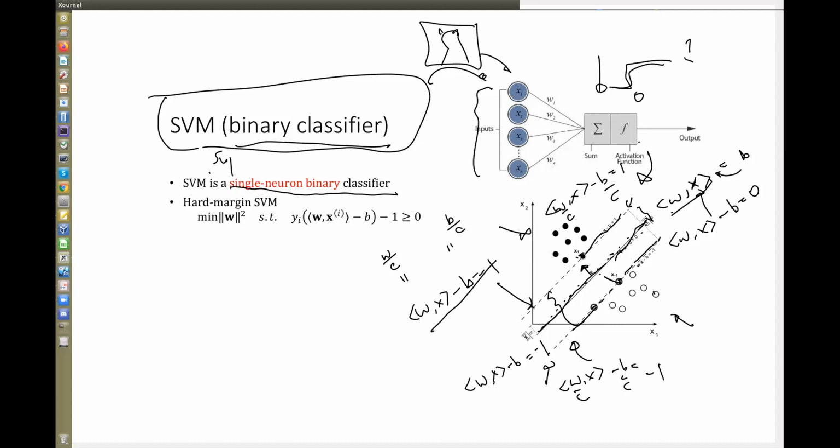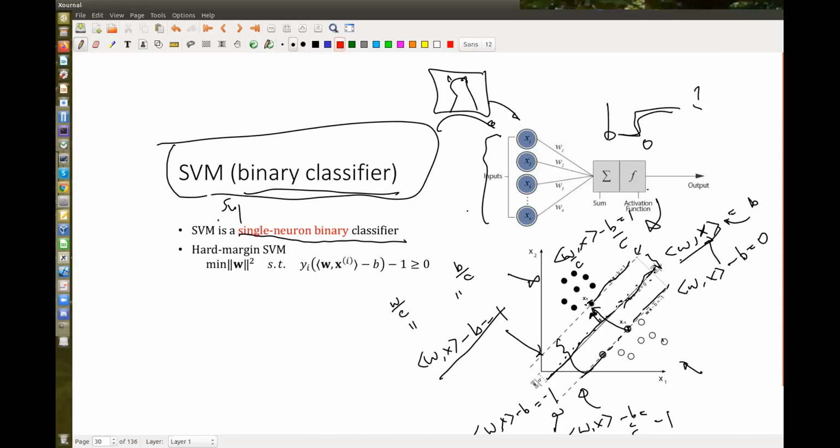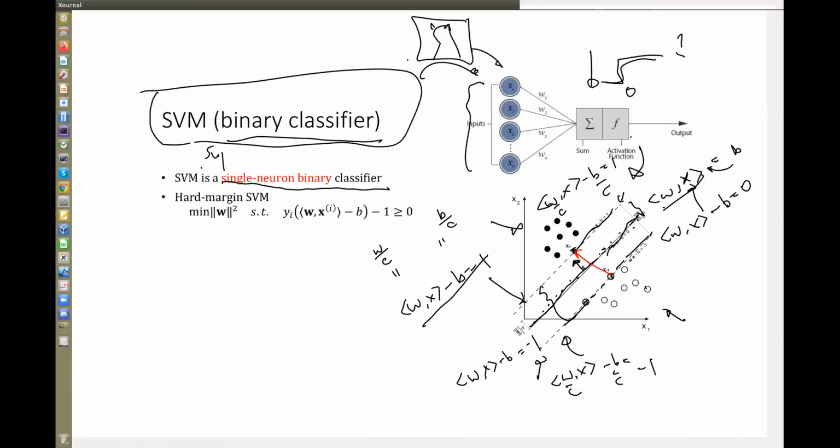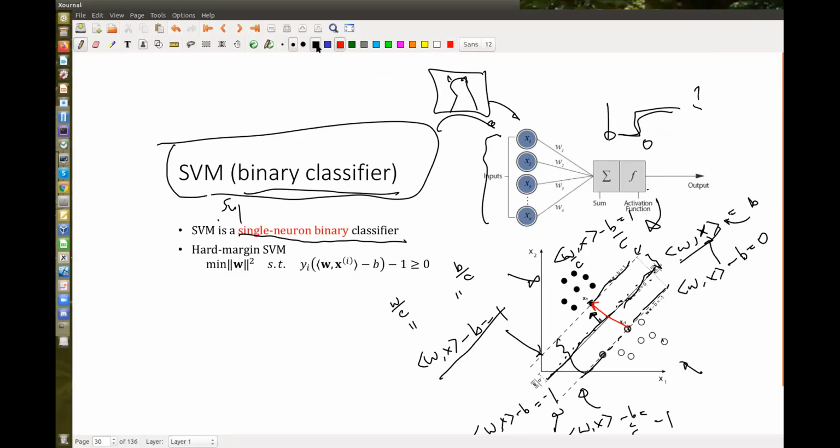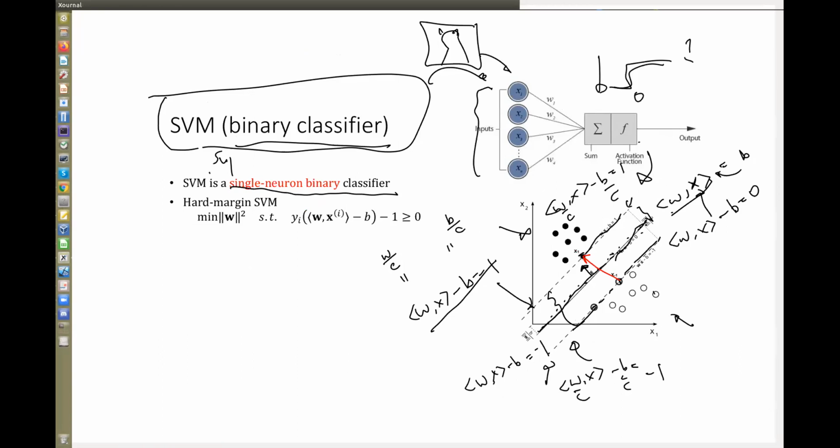If I consider a vector from x minus 1 to x1, then the gap will be simply equal to the projection of this vector onto the W direction.